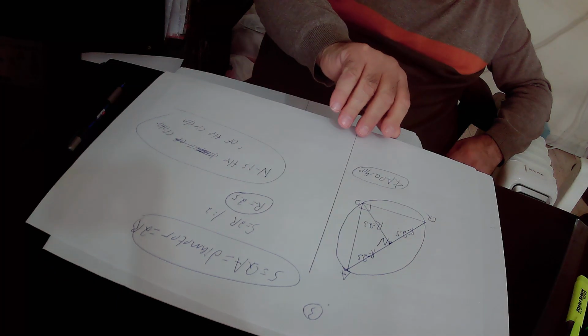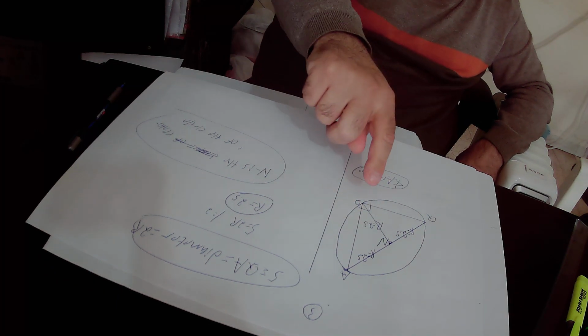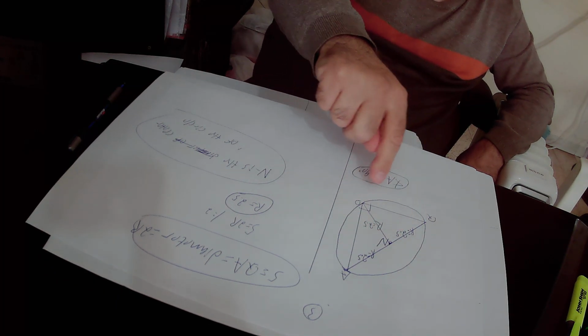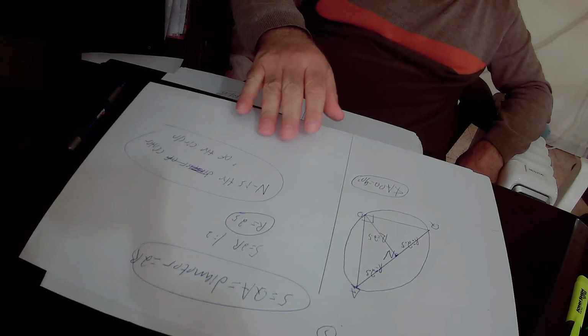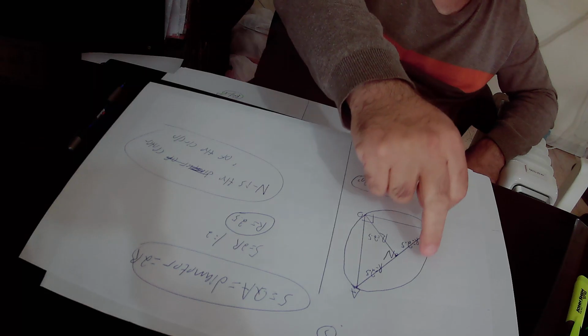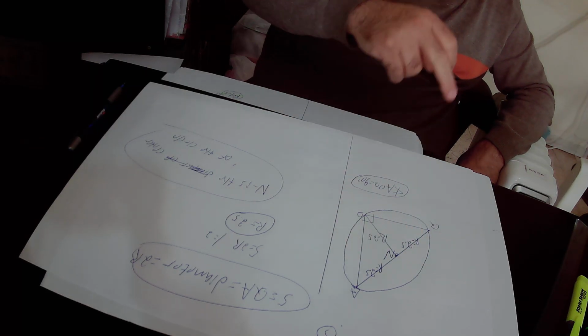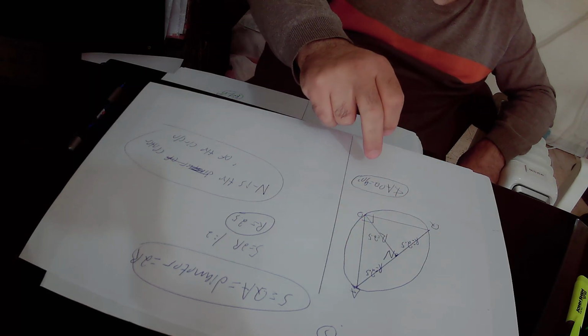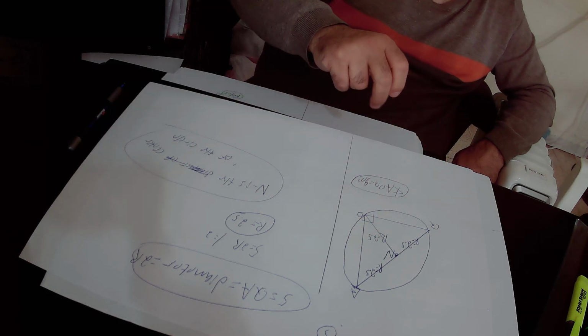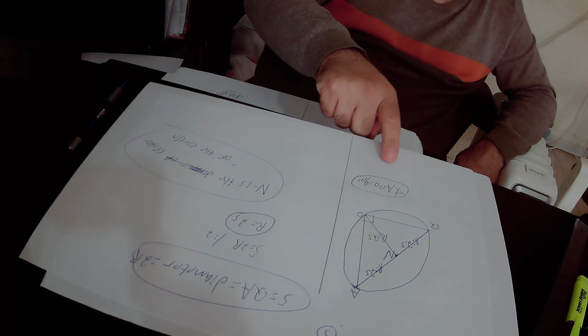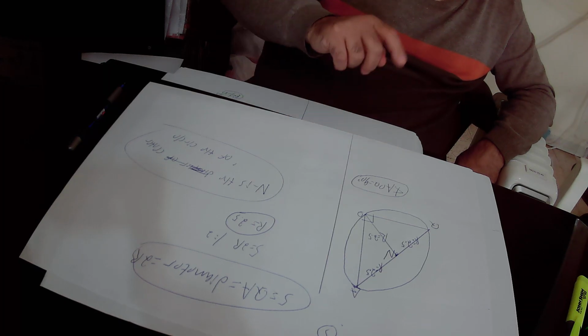This is the right green triangle AOQ, copied from the original drawing, and we enclose this triangle by this circle. Inside this circle, we have peripheral angle AOQ that is equal to 90 degrees.